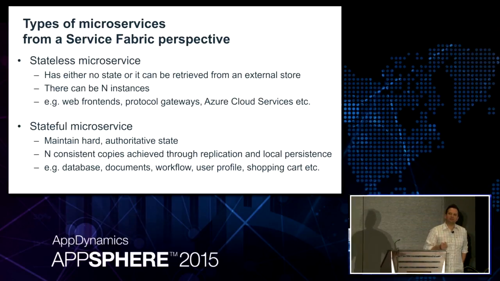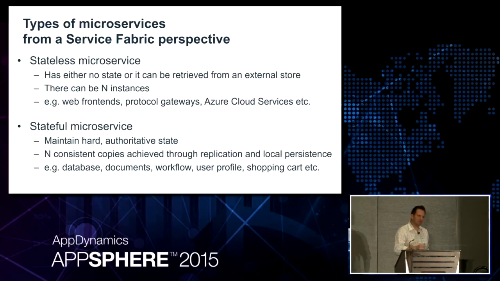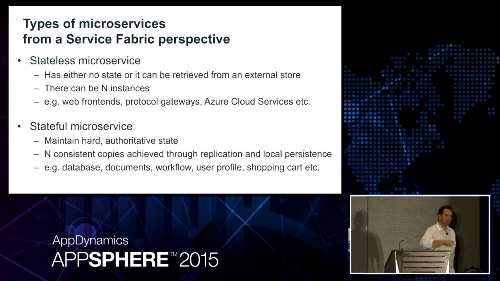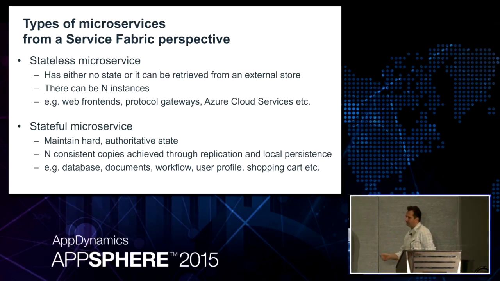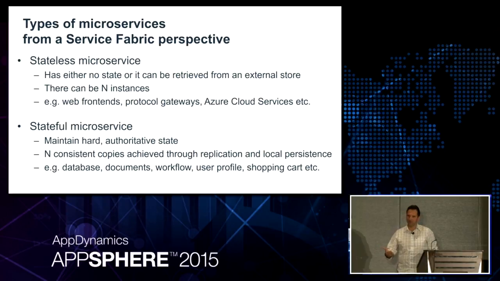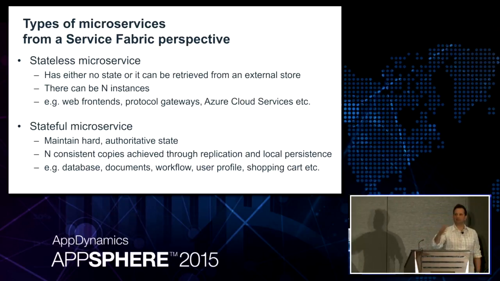The biggest difference for Service Fabric is that we have a stateful service, and that's a true stateful service. It doesn't mean the data is in a database. It doesn't mean the data is in a cache. If you build a Service Fabric stateful service, the data is literally on the machine where the service lives. And it has a hard authoritative state because we use replication mechanisms under the covers to make sure the data is always replicated from primaries to secondaries.